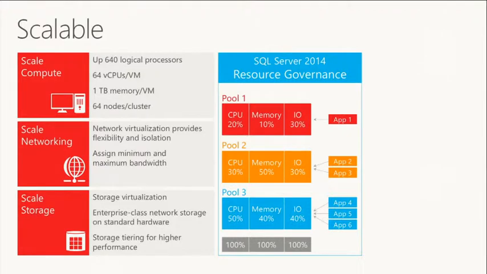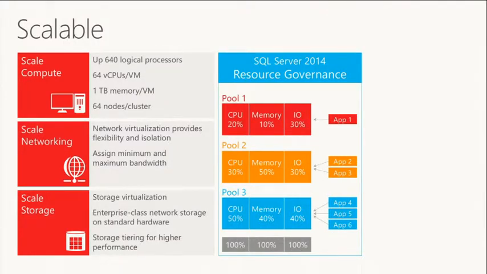If we talk about scalability, scalability with SQL Server is really all about implementing the capabilities we have with Windows Server 2012, which means that from a scale and compute, we support up to 640 logical procs. We have 64 virtual CPUs per virtual machine that we can assign with Hyper-V, 1 terabyte of memory.